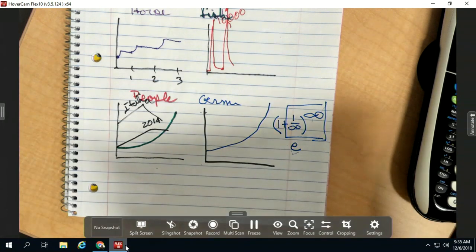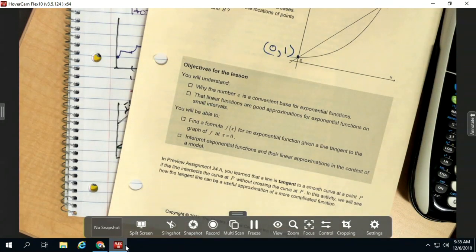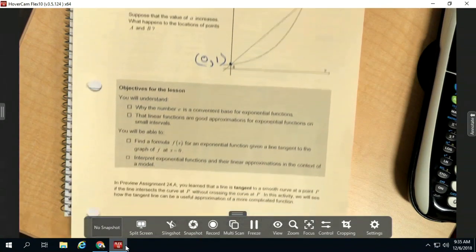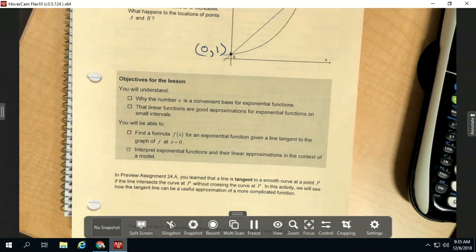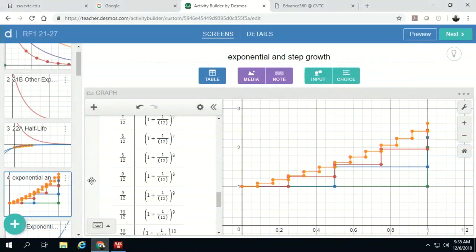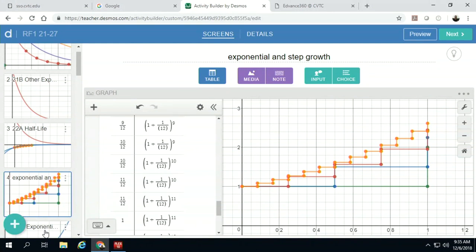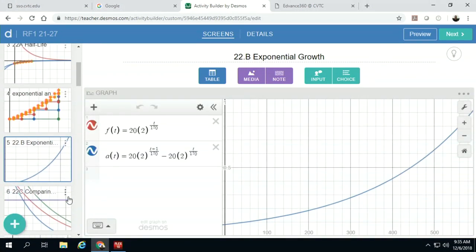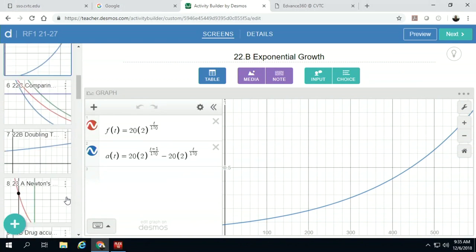Page 318. I think, or 319. I think we now have enough information to go through this assignment. Let's see what happens here on this assignment. 24A.